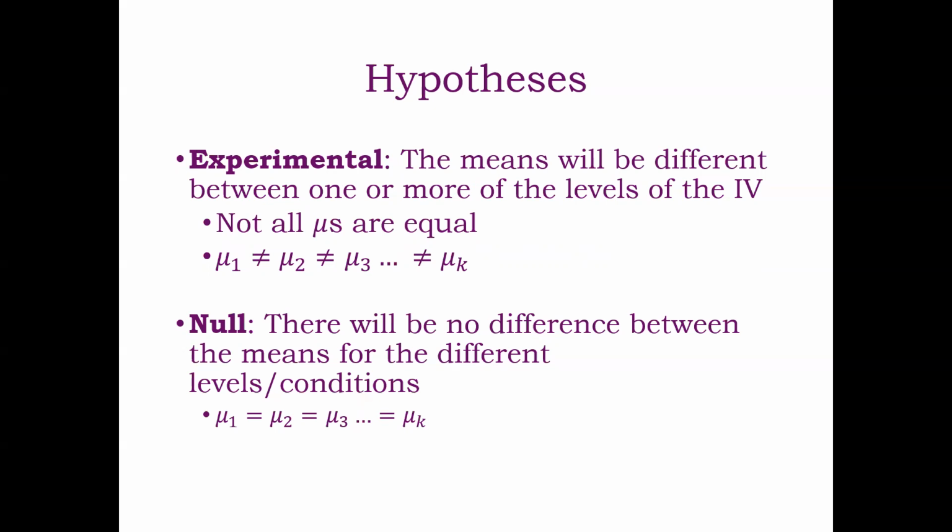That K just means however many. So if you have 3 groups, your alternative hypothesis is just mu1 not equal to mu2 not equal to mu3.